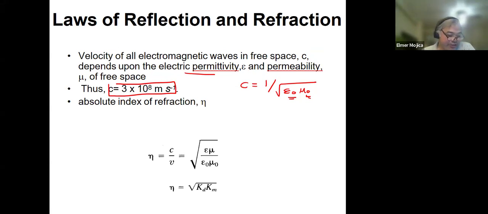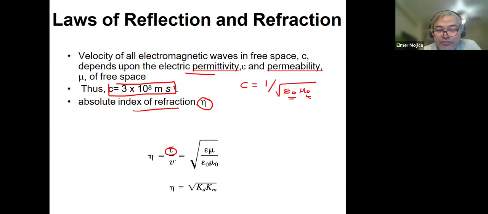Okay, and we can say that the absolute index of refraction, given by this symbol, is the ratio of the speed of light, or an electromagnetic wave, in vacuum to that in matter.